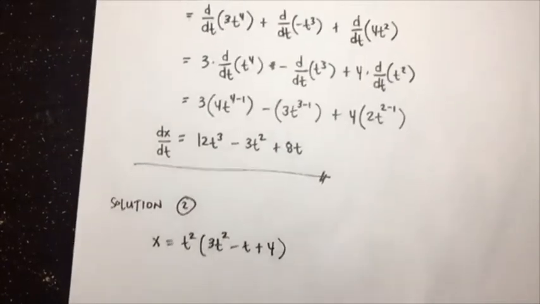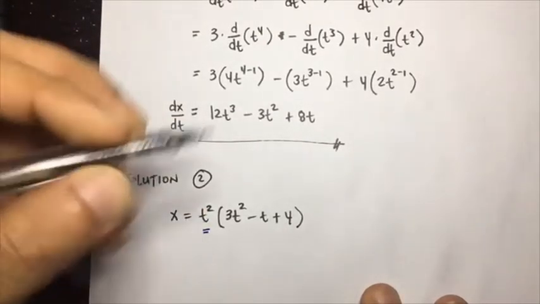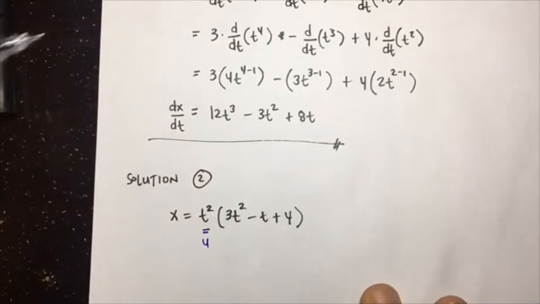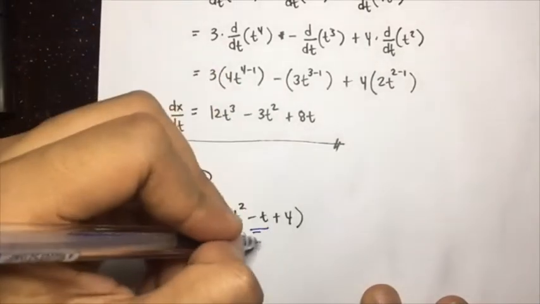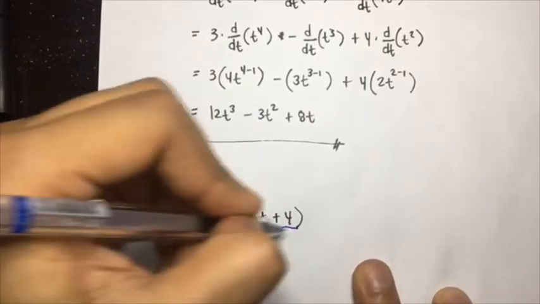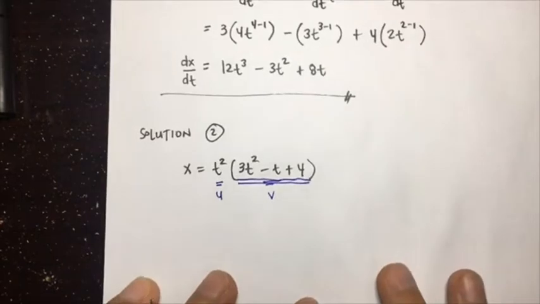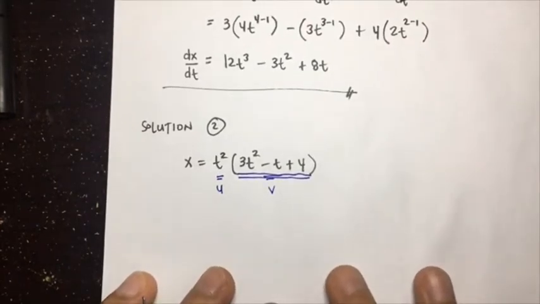Let's apply the derivative of a product. In this case, our u here is t squared, right? And then our v is the whole second factor, all the terms inside the parentheses. So all of those are our v.